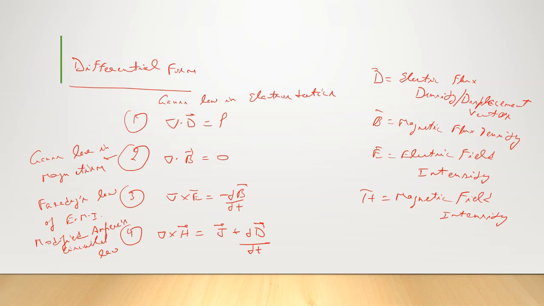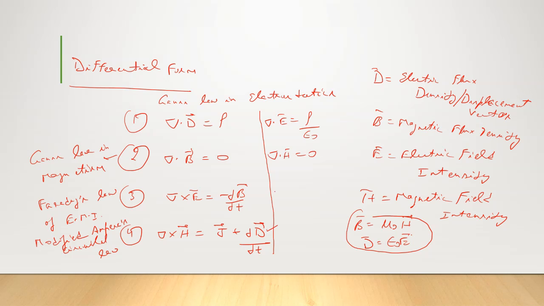This dD/dt term is also known as the displacement current, and the relation between B and H is B equals mu naught H, and between D and E is D equals epsilon naught E. By using these relations, these Maxwell equations can be converted into del dot E equals rho by epsilon naught, del dot H equals 0, del cross E equals minus mu naught curly H by curly T, and del cross H equals J plus epsilon naught curly E by curly T. Here rho is the volume charge density.